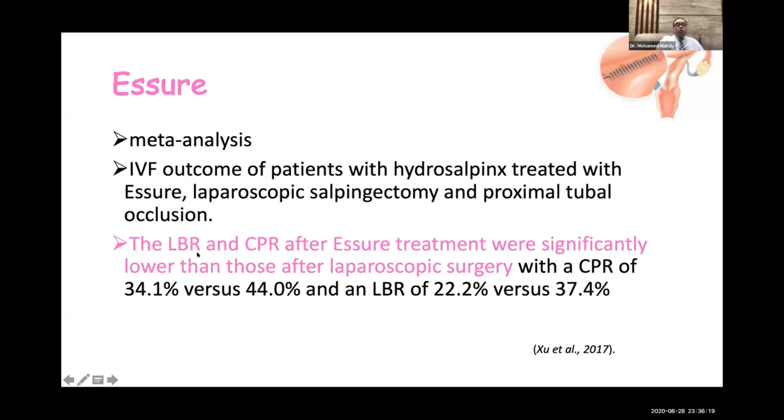A meta-analysis showed that the cumulative live birth rate after Essure treatment was significantly lower compared with salpingectomy or other surgery. So Essure isn't effective in treating cases of hydrosalpinx before IVF.